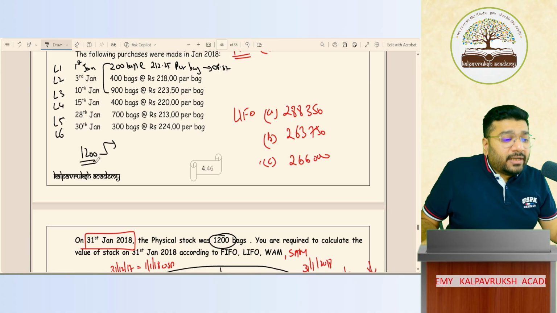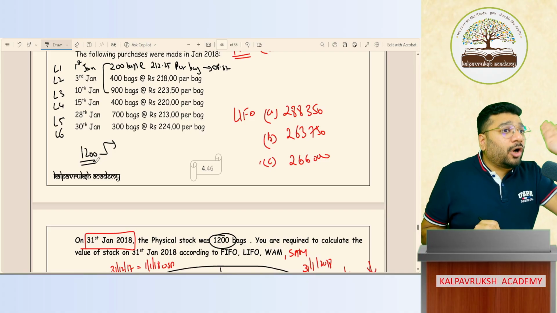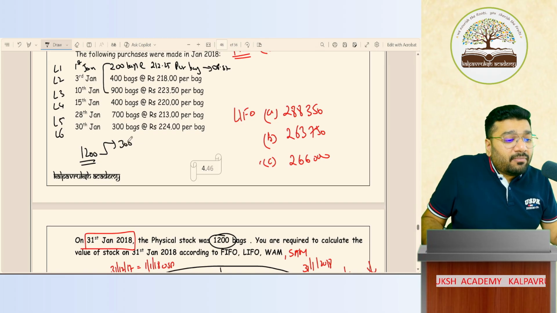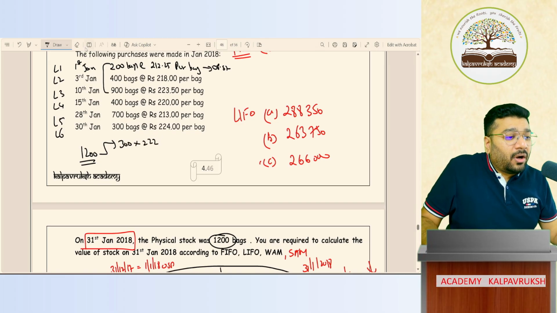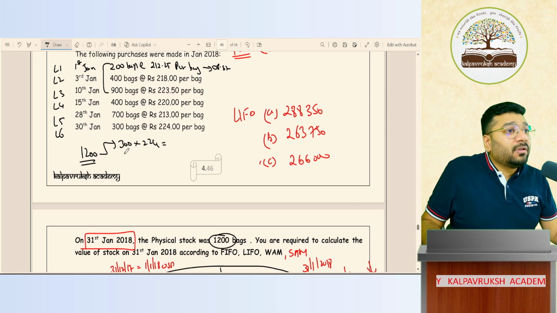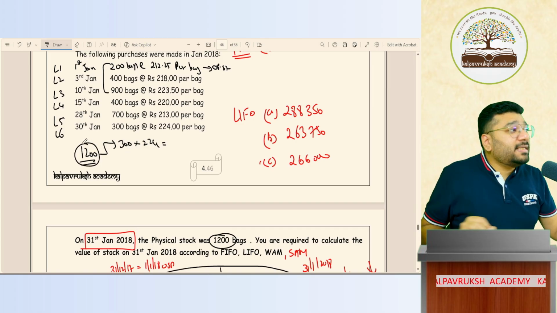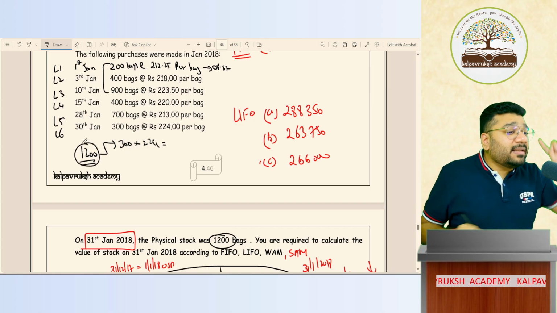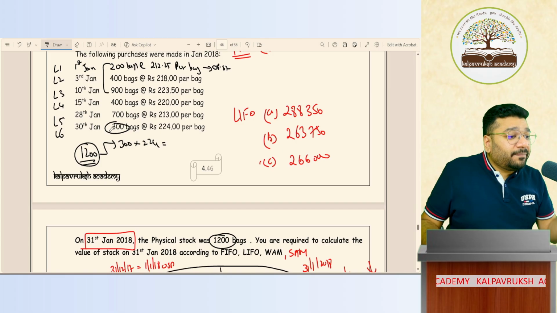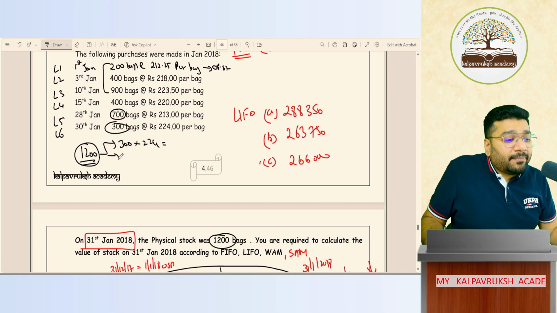So these 1,200 kgs are there in stock. First, the stock will be there from which lot? The last lot will be pending. How much? 300 bags into 224. Got it, not got it? So 1,200 kgs in your stock means 300 is coming from L6. Then what is still remaining comes from L5. From L5 how much came? 700.